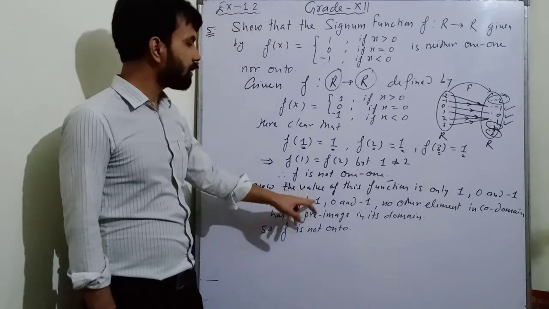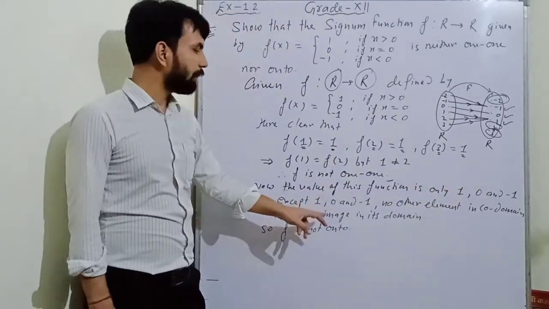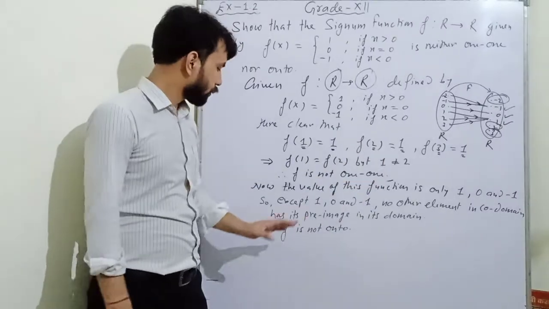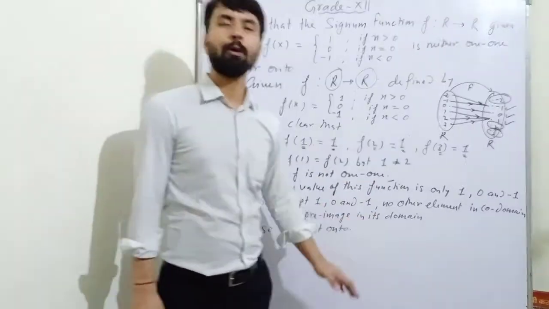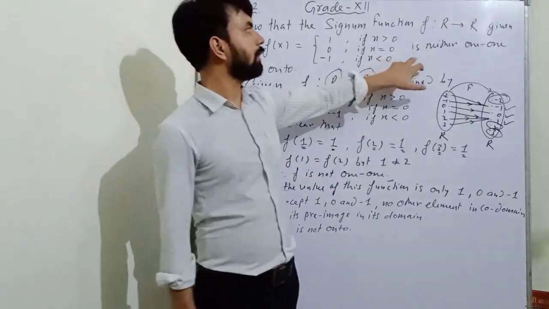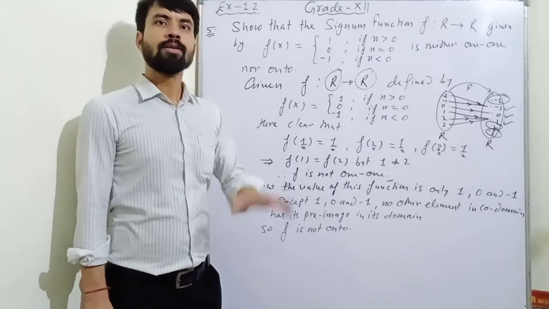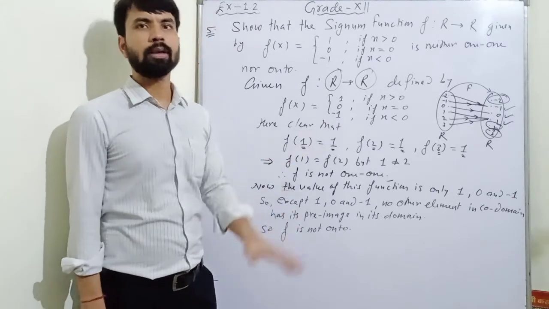So except 1, 0 and -1, no other element in codomain has its pre-image in its domain. So this f is not onto. Understood? So signum function is neither 1-1 nor onto. Clear? So students, pause the video and note it fast.